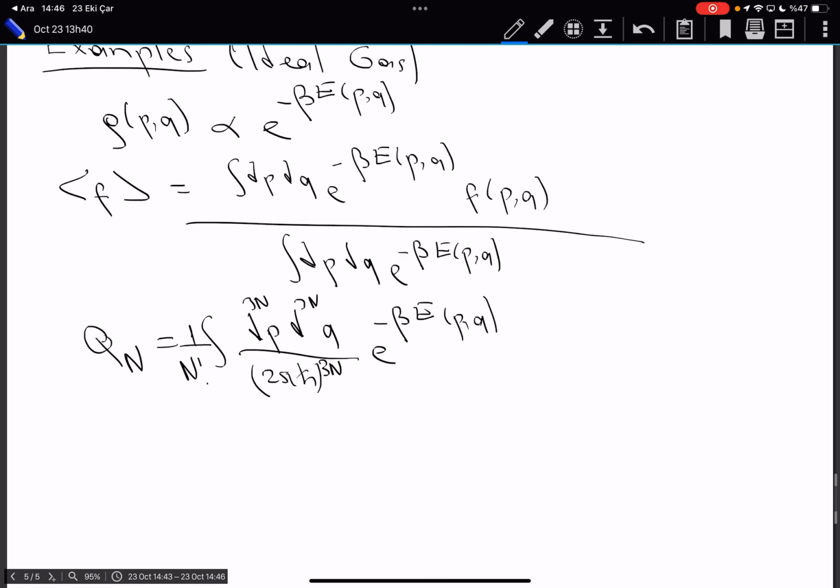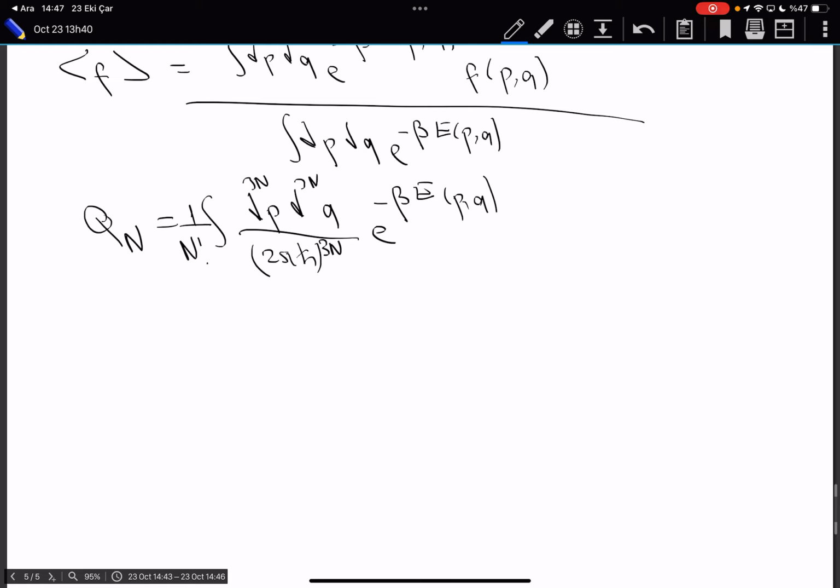Now, of course, if you imagine gas systems made up of molecules, you can separate the center of mass momentum and coordinate from the internal coordinate and momentum. In that case, P and Q are the center of mass coordinates, and in addition to these integrals, you will have additional integrals over the relative momentum and relative coordinate.